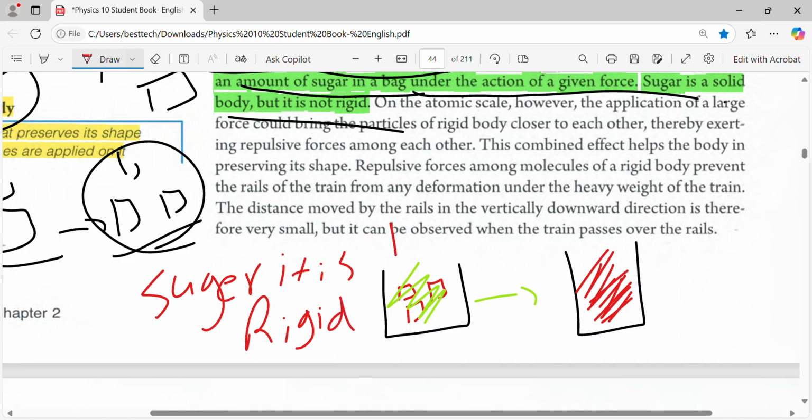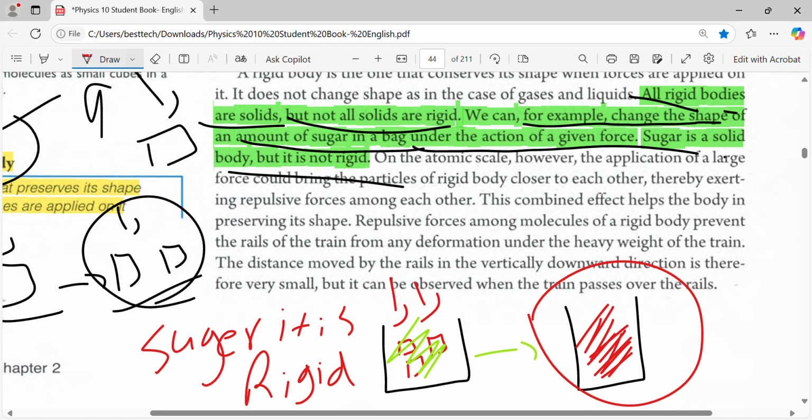After I put it inside the water, immediately it's going to break. So that's why here it's written that sugar is just solid, because it's solid but not rigid. After applying a small force, a small reaction, a small pressure, immediately its structure will break. So sugar is just solid, not a rigid body.